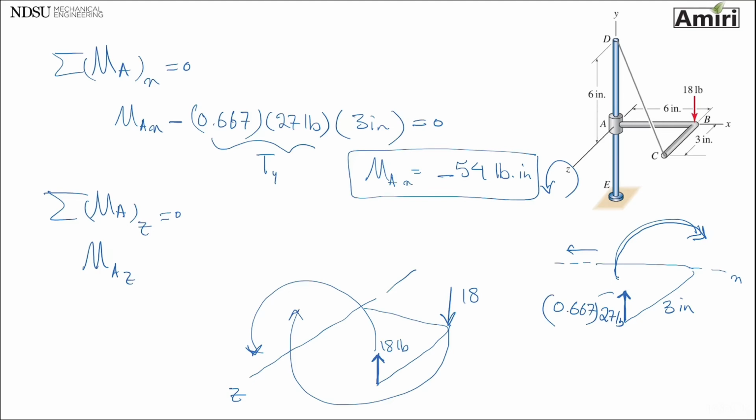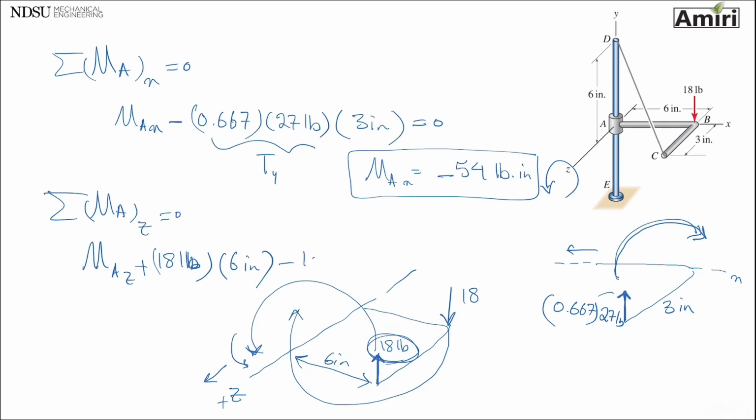So MAZ, let's use this one first. The 18 pounds at a distance of 6 inches. The rotation, curl your fingers towards this direction. Your thumb is pointing towards plus Z, so that's plus.